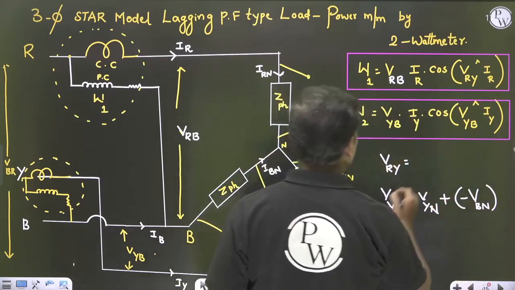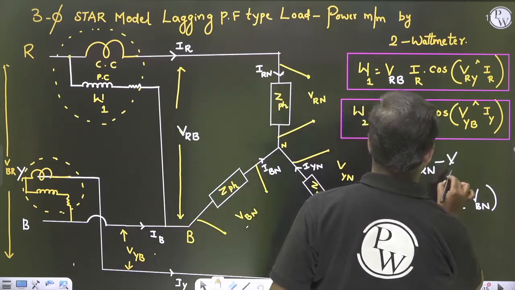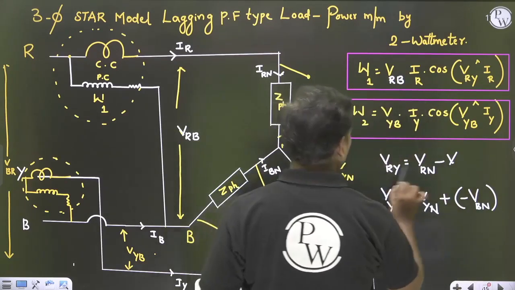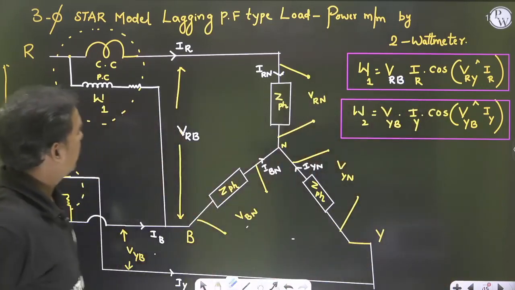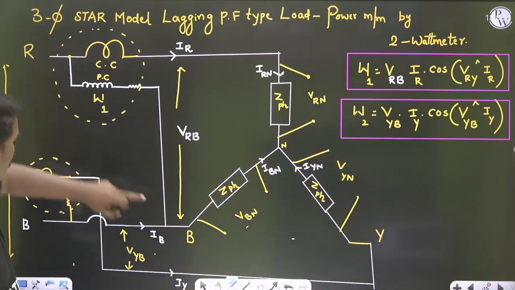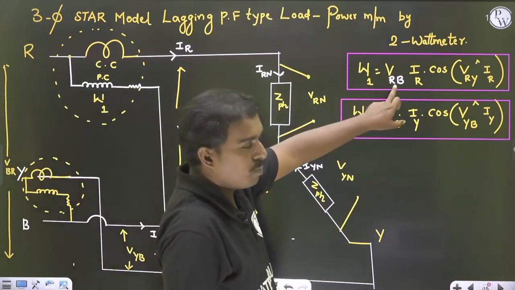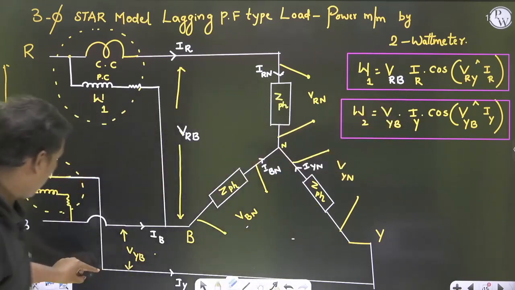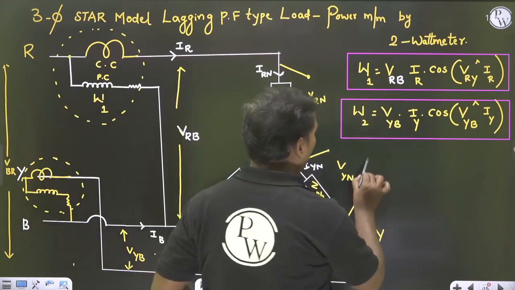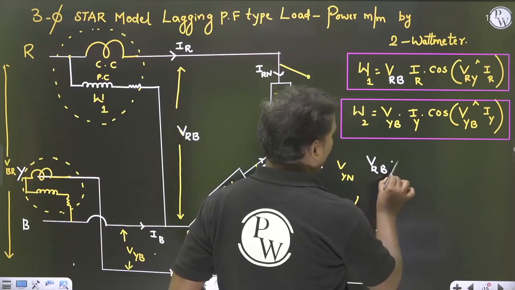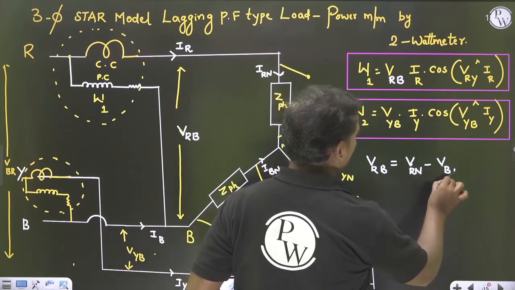So here I can take VRY as VRN minus... let me check here, one second please. All of you listen carefully, we have made a small mistake. Actually this voltage is between R and B, the B line, so it should be VRB, and this voltage is correct, Y and B, that is VYB. So VRB can be written as VRN minus VBN.